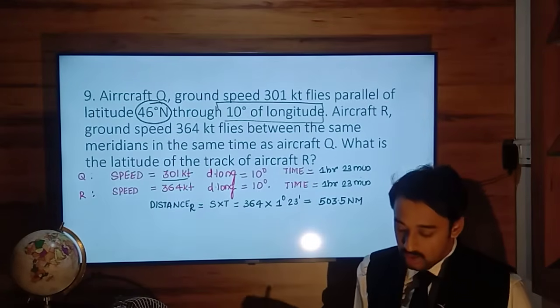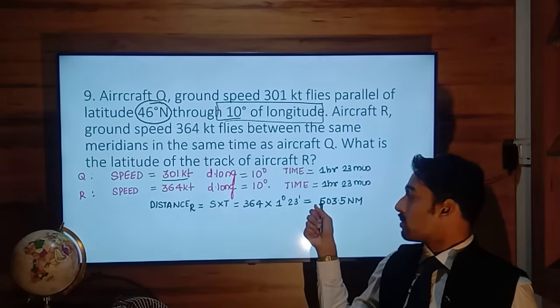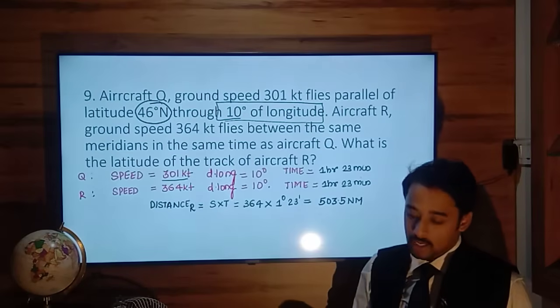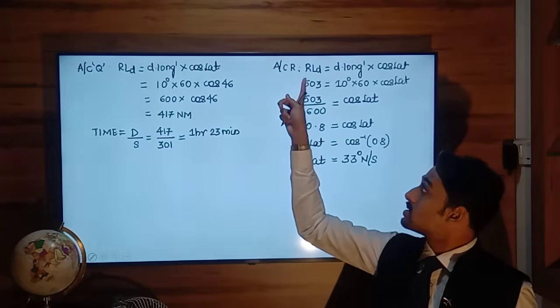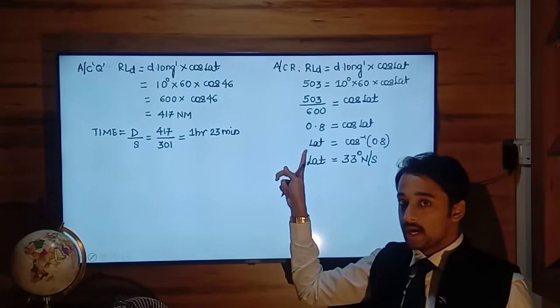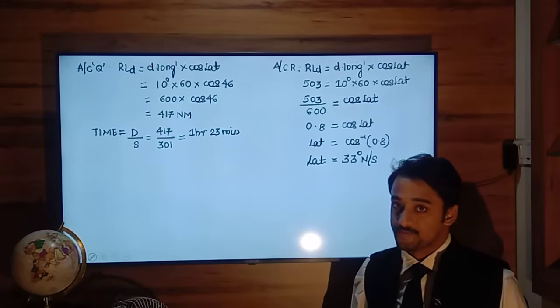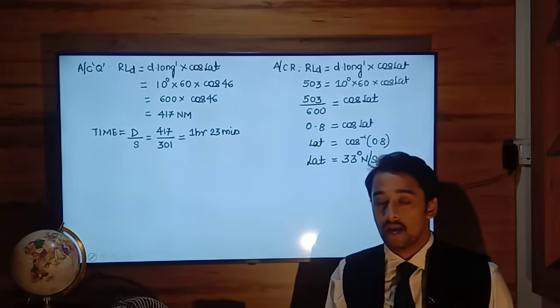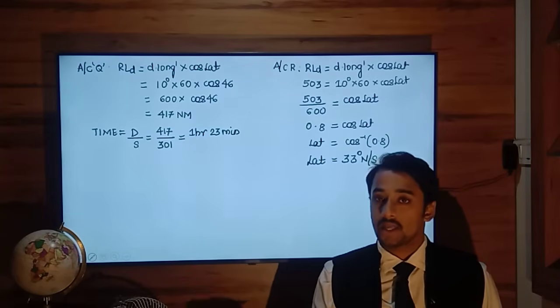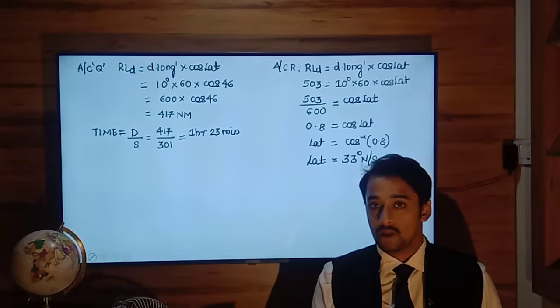So they are talking about Rumlines. The Rumline distance we got is 503 nautical miles. We used the Rumline formula again, substituted the values, and found the latitude for aircraft R, which can be 33 degrees north. So aircraft R can make that distance at 33 degrees north or 33 degrees south. It will be the same.